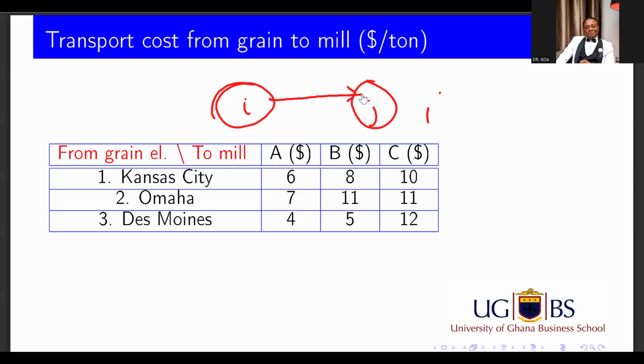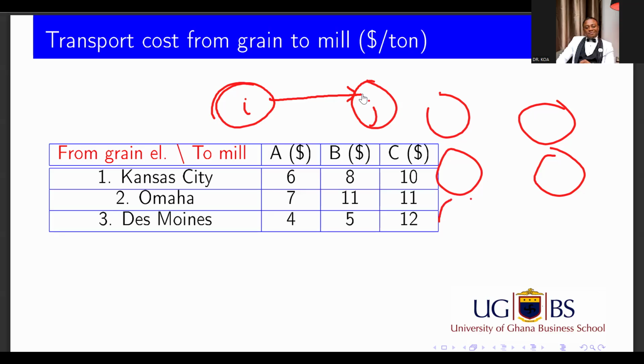Now, if you have 2 nodes and another 2 nodes, how many decision variables do you have? You have 4. How many constraints do you have? 4 constraints.